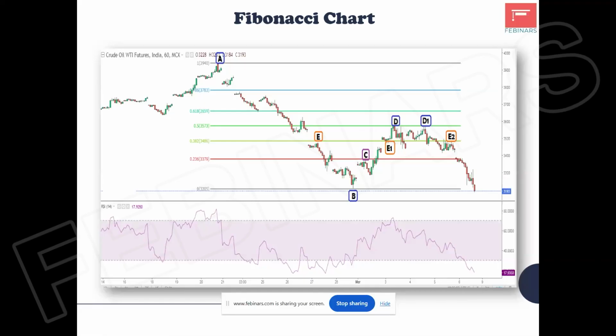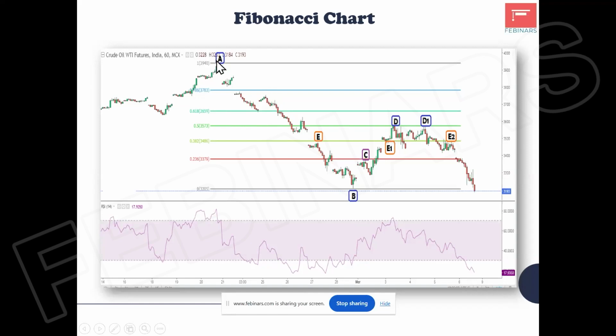Now I have eliminated everything in a simple plain vanilla chart. I am showing you the hourly chart of crude oil, how point A and point B are marked. It's all about understanding and marking the key cluster zones where the reversal and the probability zones can occur.